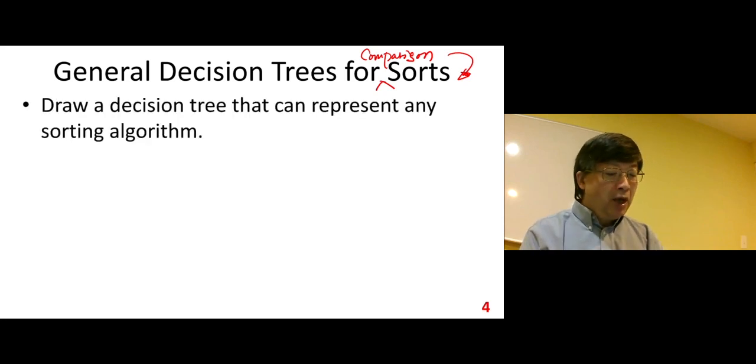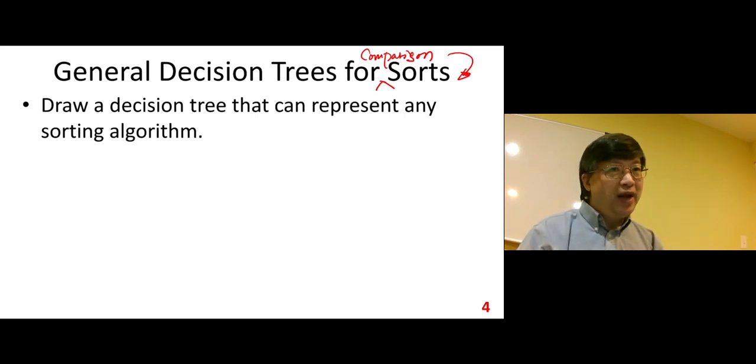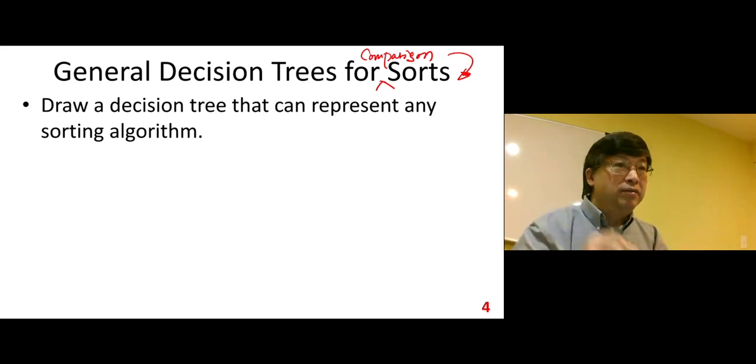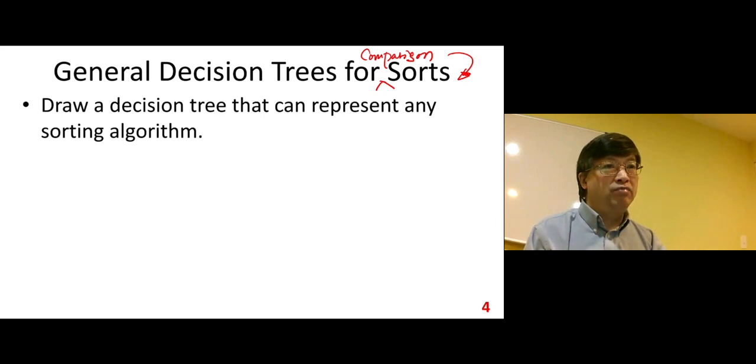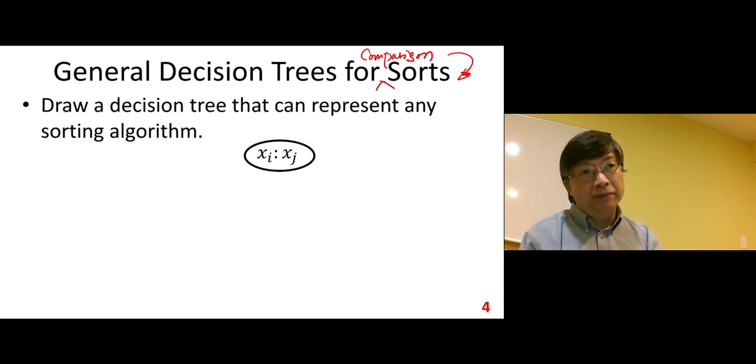All right. Draw a decision tree that can represent any sorting algorithm. Can we draw a general decision tree that can represent any comparison sort? Let's try. Very general. First, let's compare two elements in the array, xi and xj.